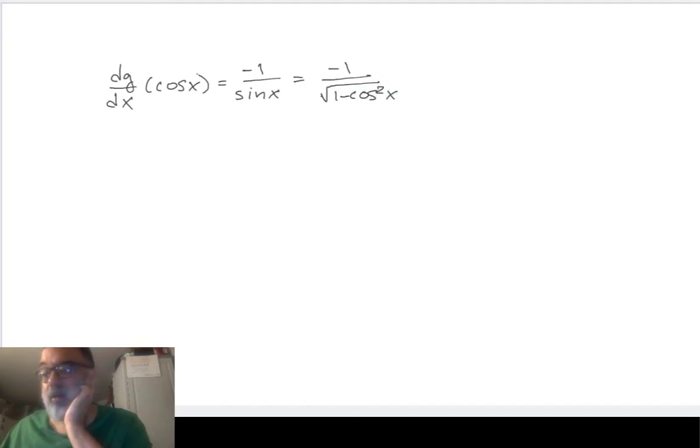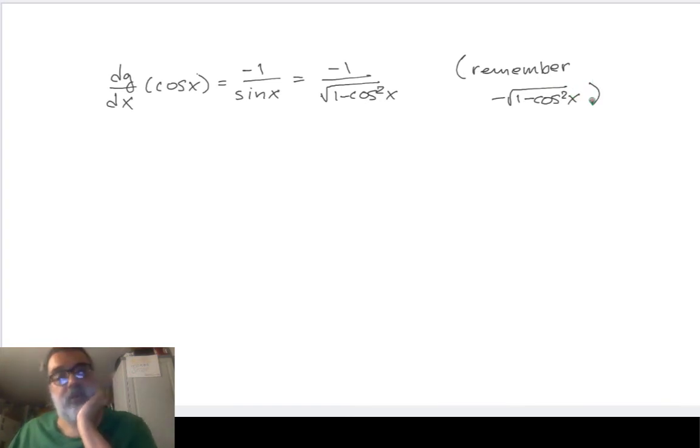Now we took a square root, so we should remember at some point to think about, well, what if we had picked the negative square root of 1 minus cosine squared of x? Because the square root of 4 is 2 or negative 2. So we've made a choice here, and we're going to see how it works out.